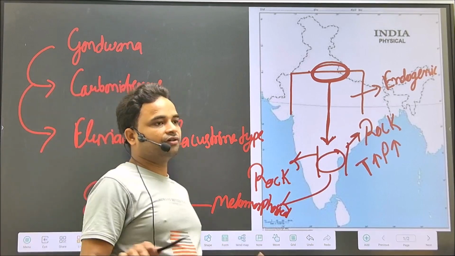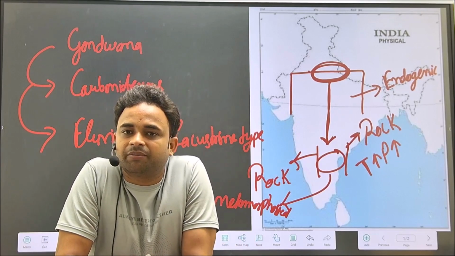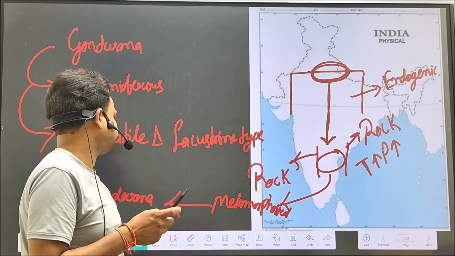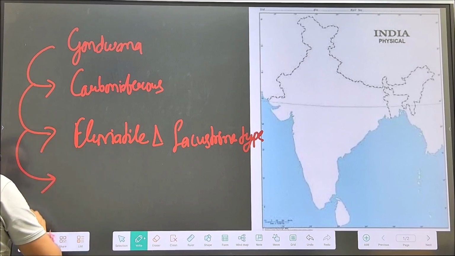So this is the phenomenon of forming of Gondwana rock in river basins and lakes and apart from them. Now we will see the distribution of Gondwana land.